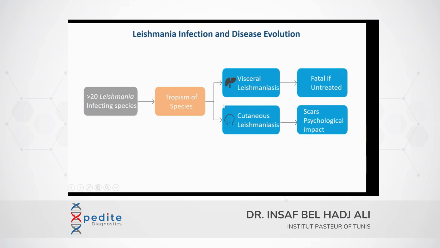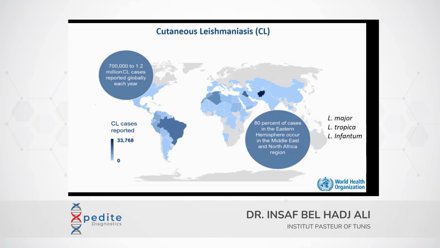Over 20 Leishmania species have been identified as infecting humans, and depending on the tropism of the species, the disease may evolve into visceral leishmaniasis, which is fatal if left untreated, or cutaneous leishmaniasis, which affects more than 1 million people each year in over 90 countries worldwide.